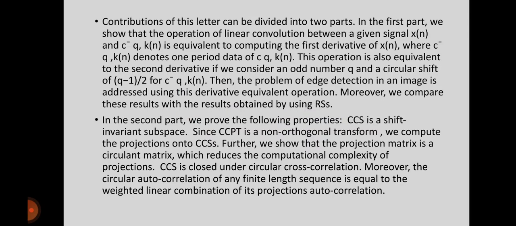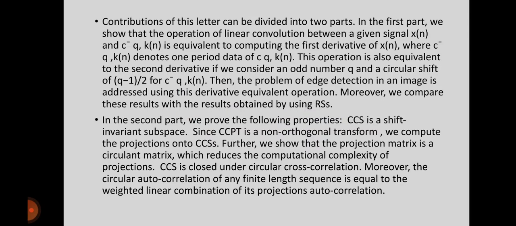So c bar q comma k of n denotes one period of data of c q comma k of n. This operation is also equivalent to the second derivative if we consider an odd number q and the circular shift of q minus 1 by 2 for c bar q comma k of n.